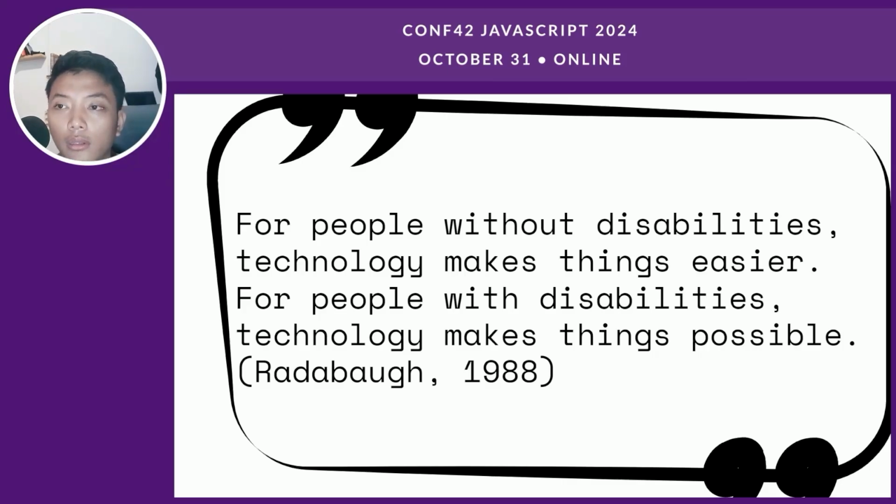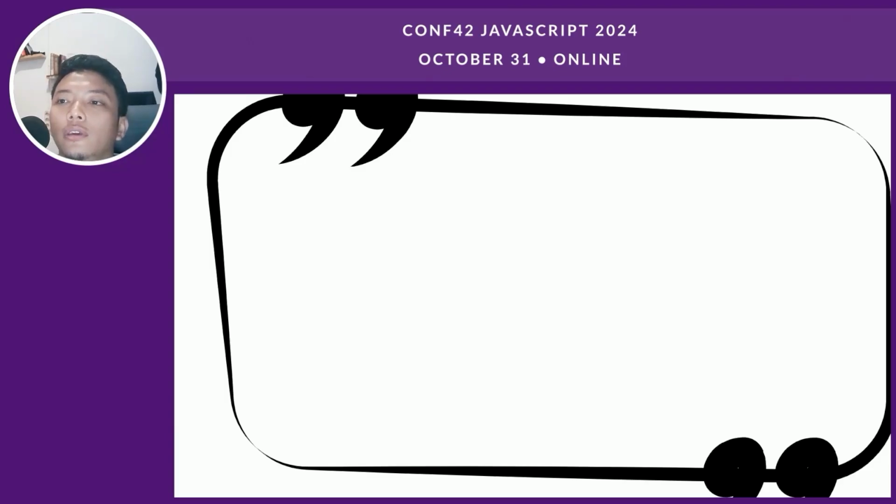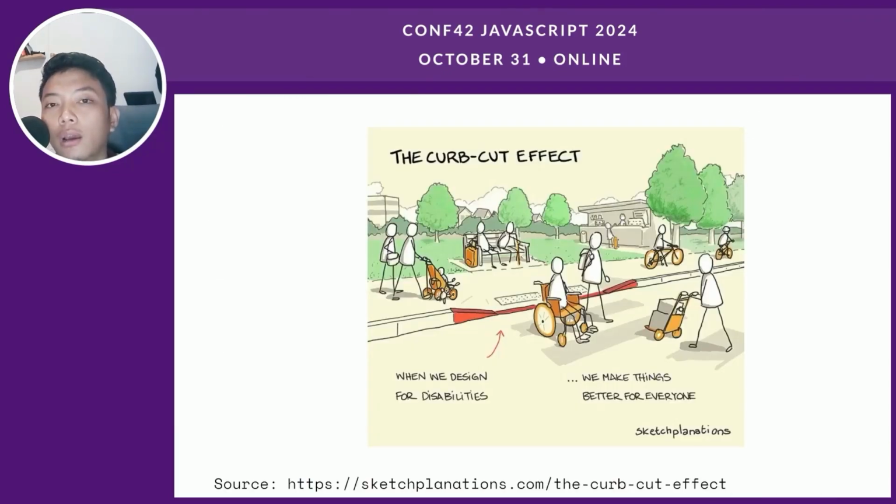For example, a real-life case: the story behind the curb cut in the sidewalk. It goes back to the American veterans of World War II. They came back to the country, and some of them ended up in wheelchairs, so they had to move with wheelchairs and walking sticks.